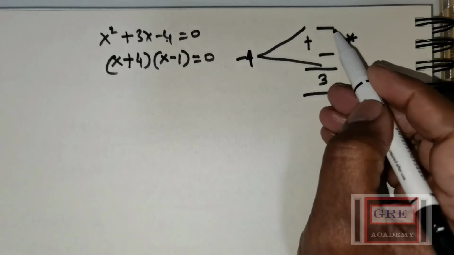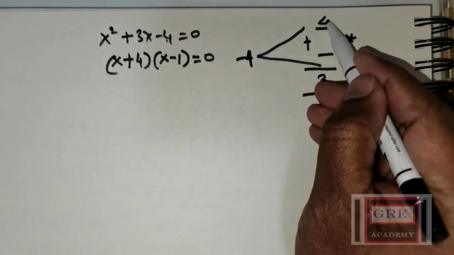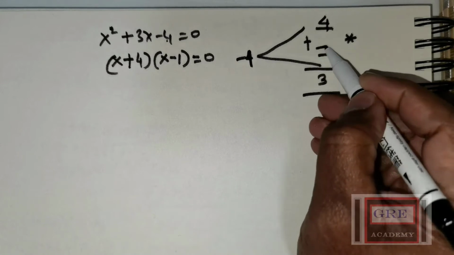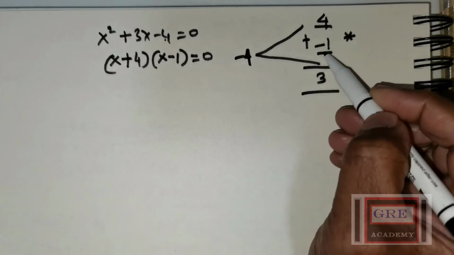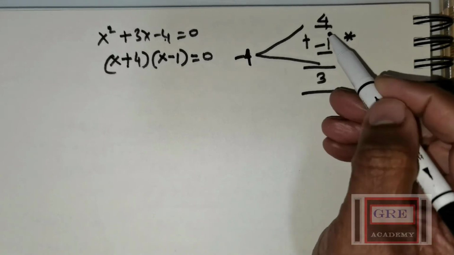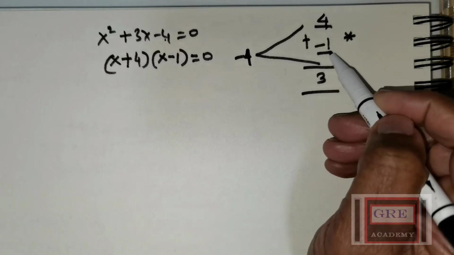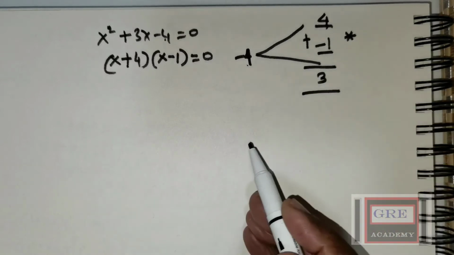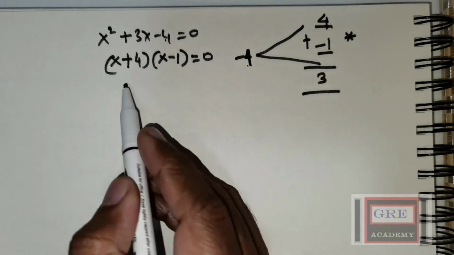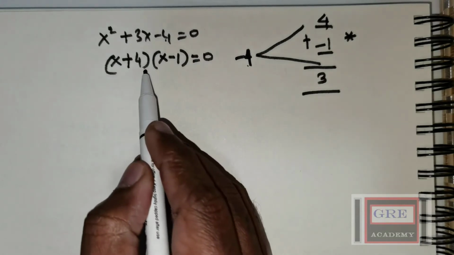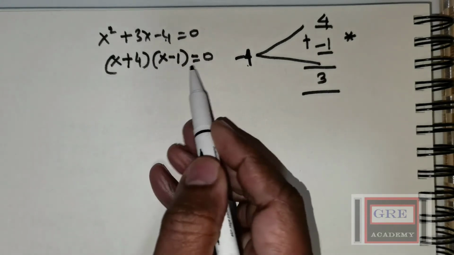Now, if I were to place 4 here and negative 1 here, 4 added with negative 1 would give me 3. And 4 multiplied with negative 1 would give me negative 4. So that is why I'm writing it as x positive 4 times x negative 1 is equal to 0.